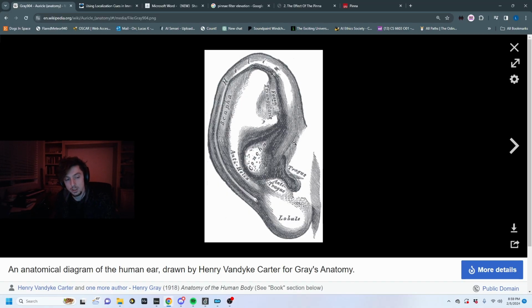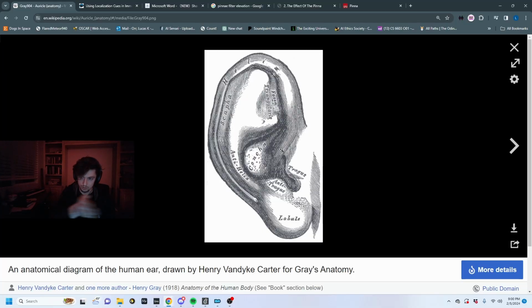So effectively, tiny changes in the ear will result in very different filtering effects, and the angle at which the sound enters your ear will scatter differently and reflect differently and lead to different filtering. If you think about how humans localize sound, for the most part, we use delays between our left and right ear to localize something that's going around us in a circle, because obviously if it's to the right of us, it's going to hit this ear first, and then it's going to hit this ear about 0.7, 0.8 milliseconds later, right?